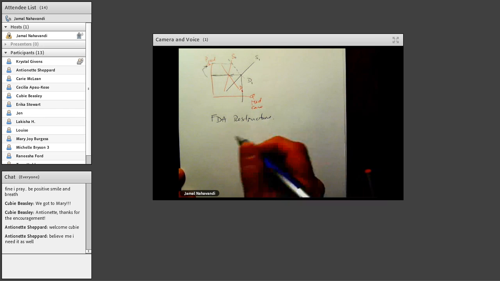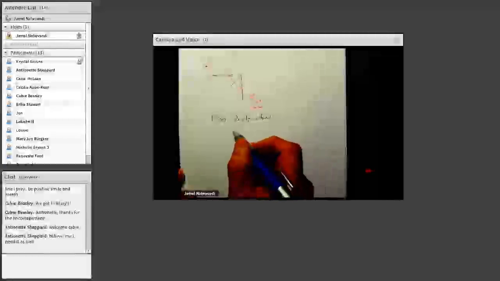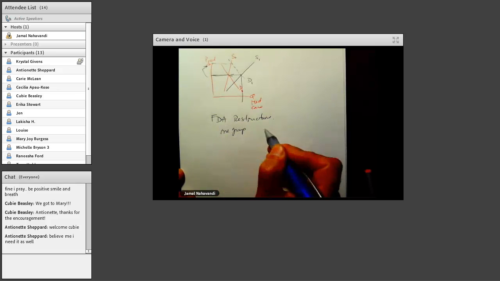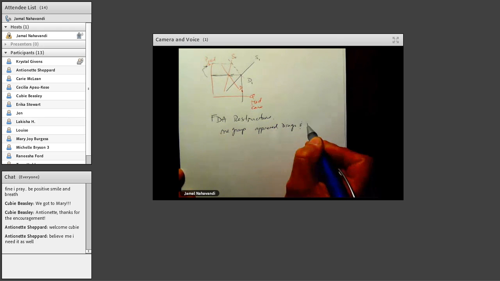And the article essentially stated that the FDA is going to redesign its structure in such a way that in the past one group approved drugs and did follow-up for safety and performance.